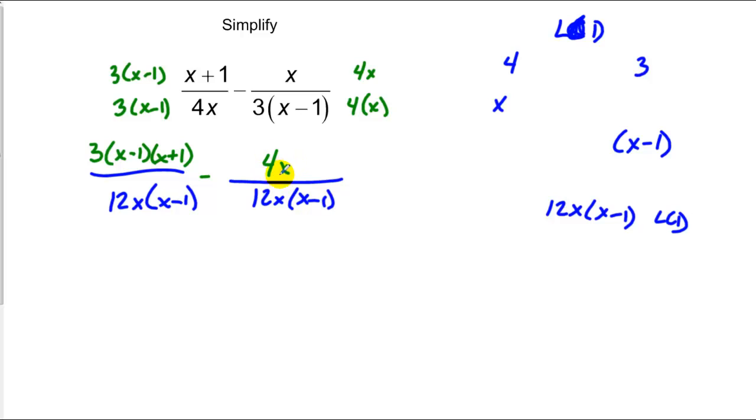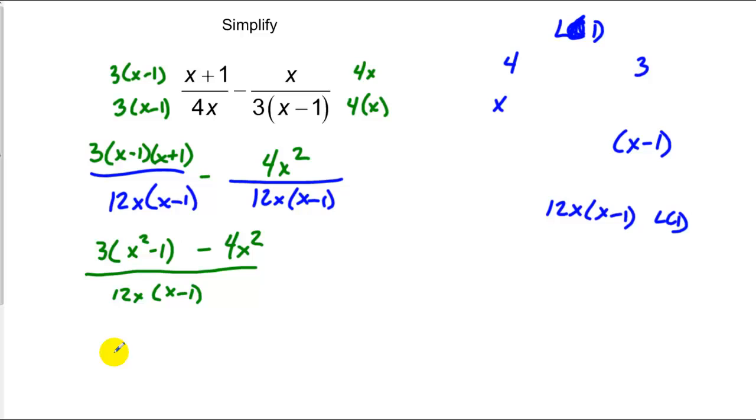Next term, I have 4x squared. I'm going to need to FOIL this out. So this goes to 3, and that goes to x squared minus 1 after I'm done FOILing, minus 4x squared over 12x times x minus 1. Still need to multiply a little bit, so that's 3x squared minus 3 minus 4x squared over 12x times x minus 1.